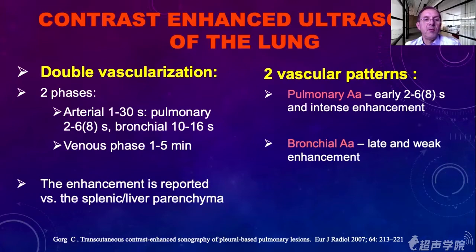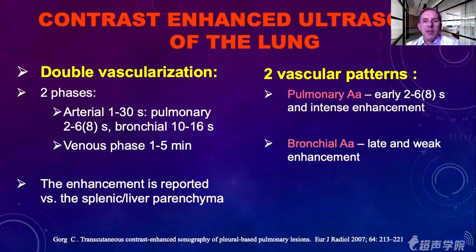And we have also the bronchial arterial phase, which starts usually after 10 seconds. The venous phase starts after 1 minute and lasts till 5 minutes. We should report the enhancement of the lesions versus the enhancement of liver parenchyma.